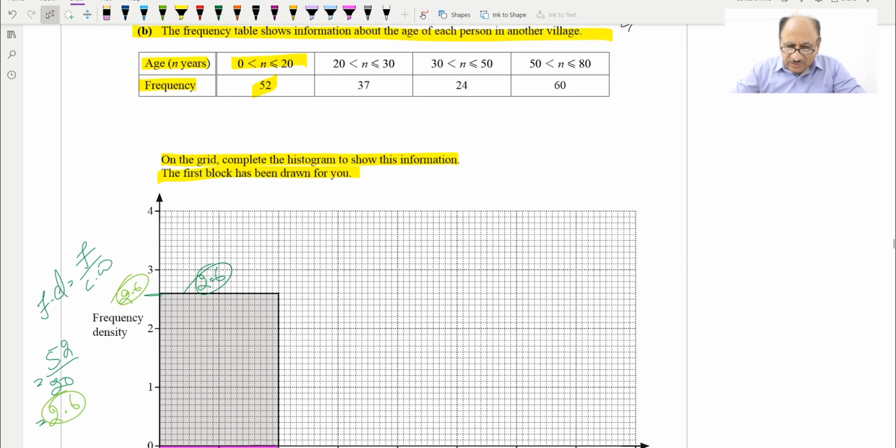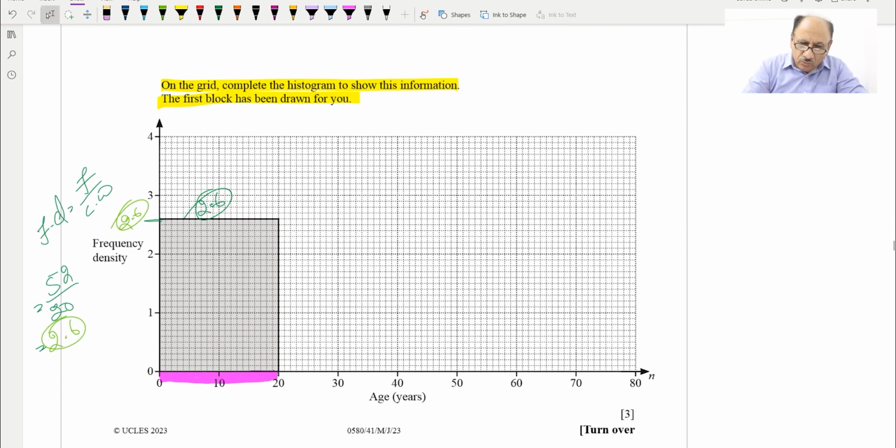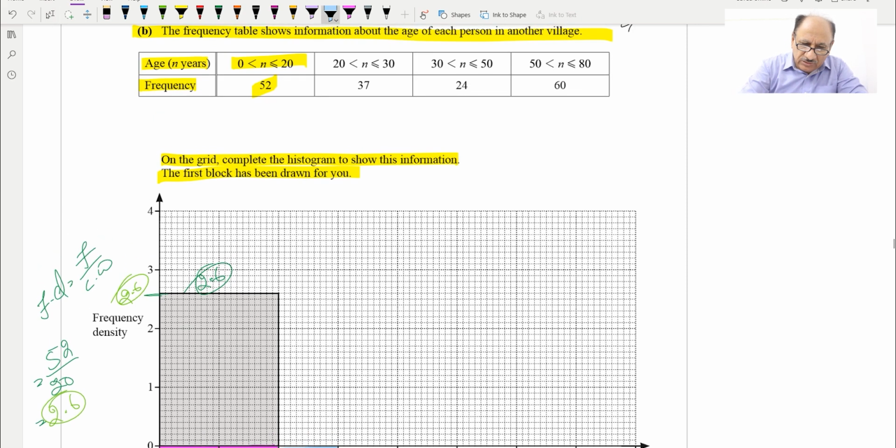Now we need to check the next, which is 20 to 30, and it is 37. So for 37 we can write frequency over class width, which is 10. So this will be 3.7. So 3.7 will be where? 3.7: 1, 2, 3, 4, 5, 6 and 7, up to this one, and similarly up to this one.